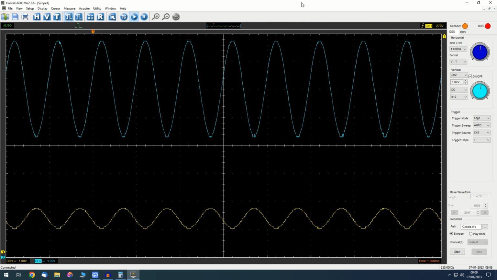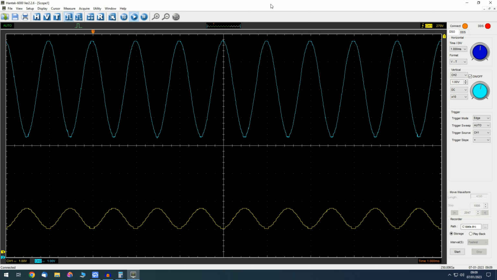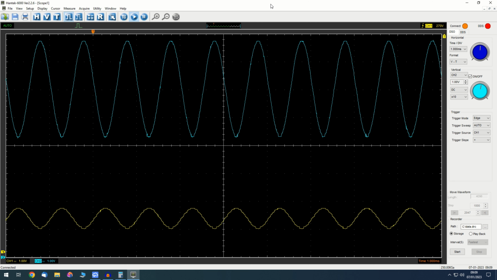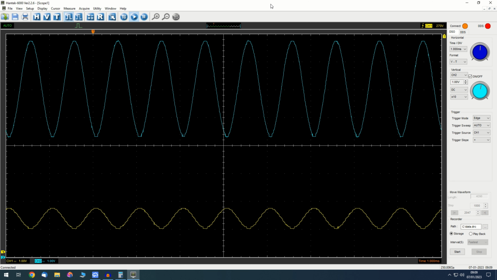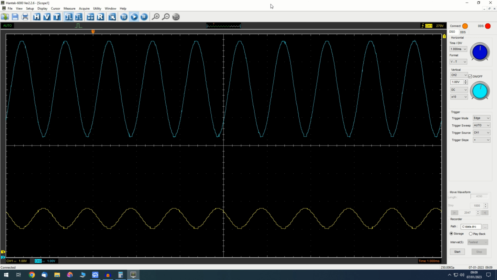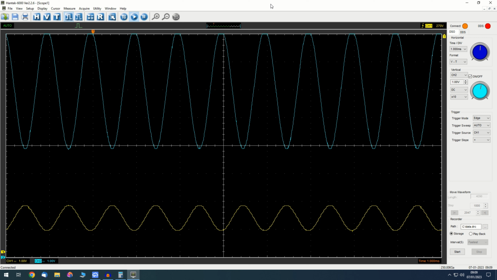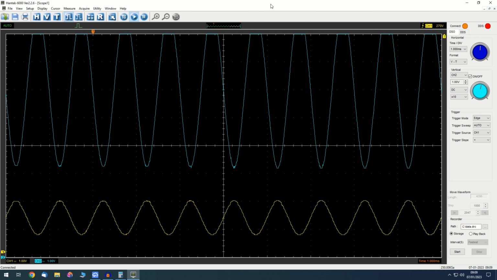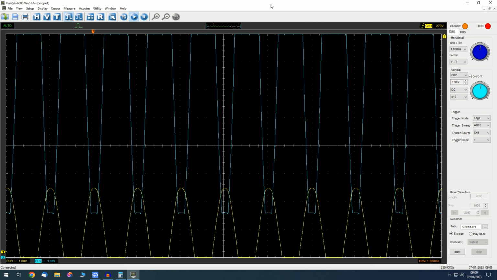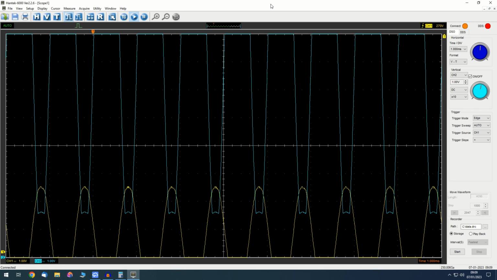So the gain is roughly around 5 as it's calculated, and as long as the signal level is not too high, it is giving a nice sine wave. If you go too high, then it will be clipping. It'll be running out of range at the top or the bottom. If you go silly high, you can see it's running out of range at the bottom.